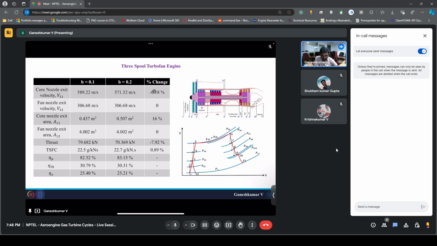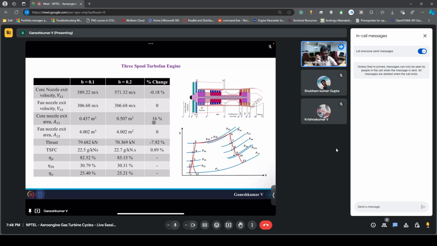So we saw around 0.1 or 0.2 percent reduction in velocity. There is a 16% increase in the exit area of the nozzle, and there is a 7% decrease in the thrust, and some point something, about 1%, decrease in the TSFC. So you can see there is this 7 to 8% decrease in thrust because of the combined effect of both mass flow rate and exit velocity.